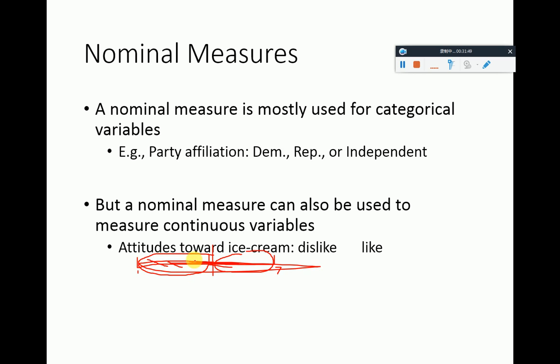One category of people dislike ice cream, and the other group of people like ice cream relative to the other group of people, right? So that way, we're using a nominal measure or nominal scale to measure what we typically consider a continuous variable.